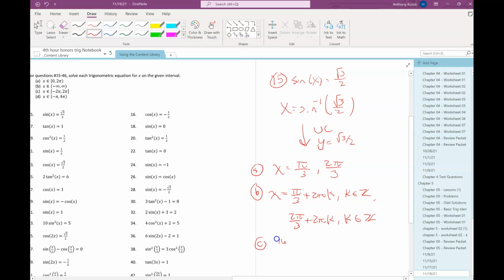Well, we already have everything in between 0 and 2 pi from part A, right? So now all I have to do is worry about the things from negative 2 pi to 0. So I'm going to find the things that are coterminal to pi over 3 and 2 pi over 3 that are inside negative 2 pi to 0. So I'm just going to subtract 2 pi from each of those. So that's negative 5 pi over 3 and then negative 4 pi over 3.